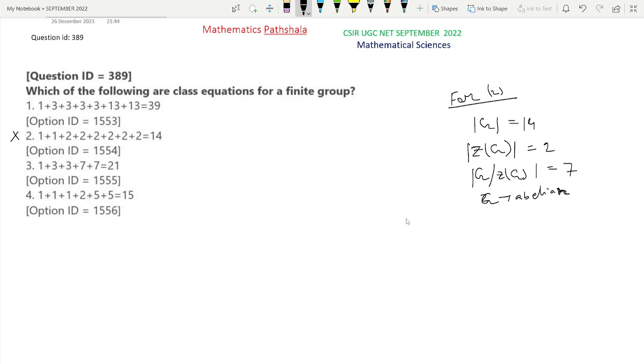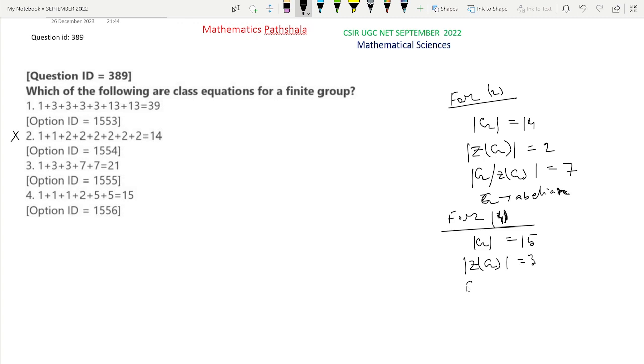Now look at option 4. For option 4, if G is a group of order 15, in exactly a similar manner, look at the order of the center of this group, order of Z(G). It is given as 1 plus 1 plus 1, so 3.